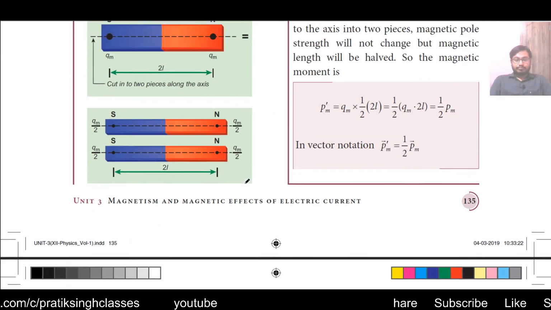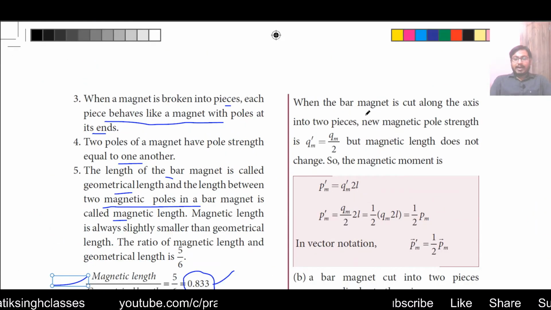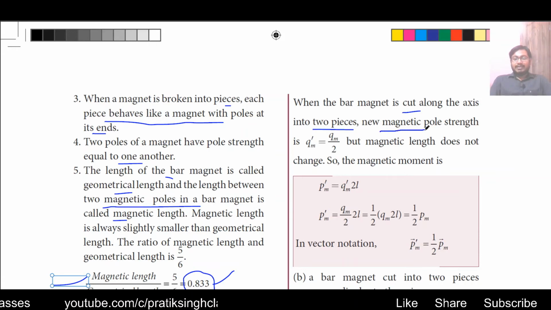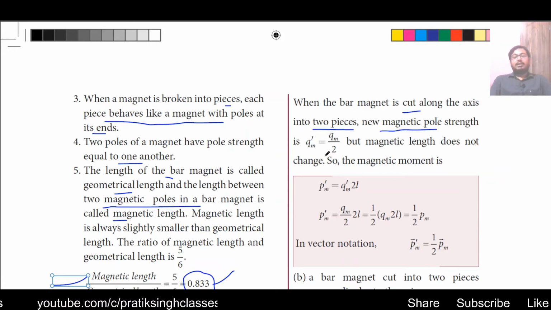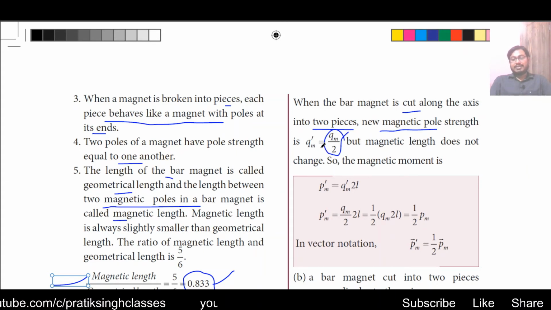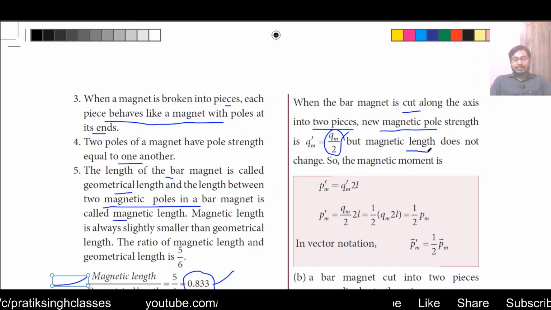First one, as given here, when the bar magnet is cut along the axis into two pieces, the new magnetic pole strength will be half of the original one, that is Q'm equals Qm by 2, but its magnetic length doesn't change.